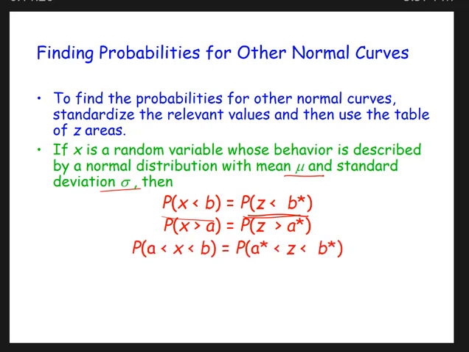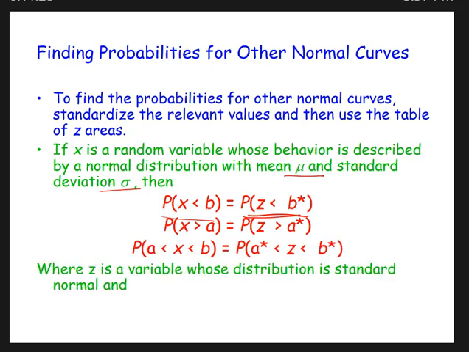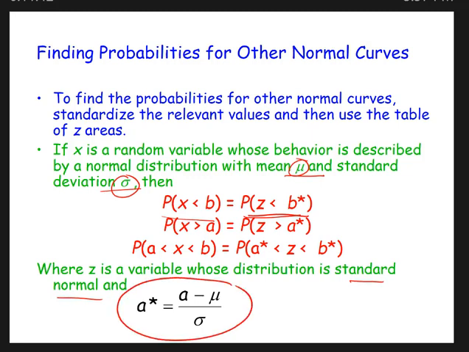We just use z-scores. So z is the variable whose distribution is standard normal, and x is the value that has a distribution of the mean of mu and standard deviation of sigma. We find the z-score of each x value using the value minus its mean divided by the standard deviation. That gives us its z-score, and that's what we put in the standard normal distribution.